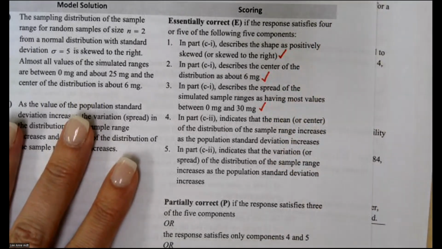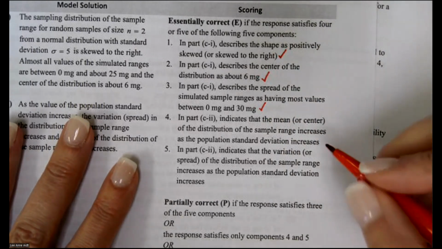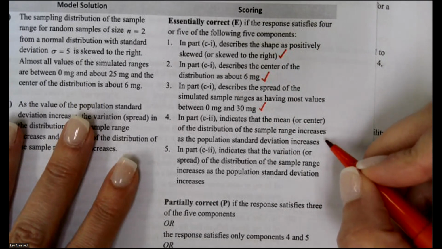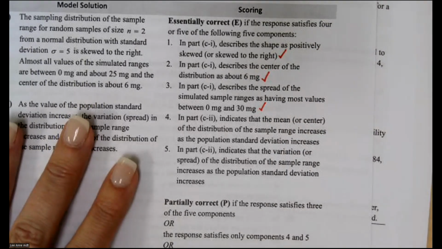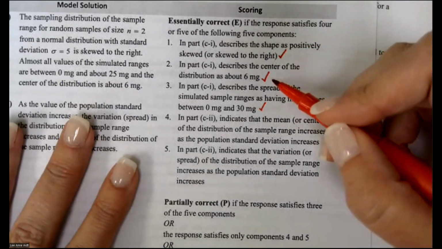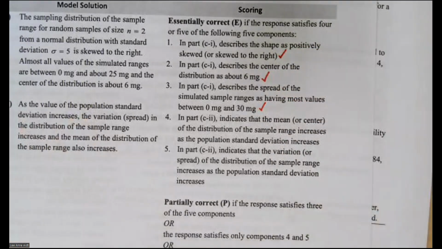I said all values are between 0 and 25 milligrams. I said my median was between 4 and 5.